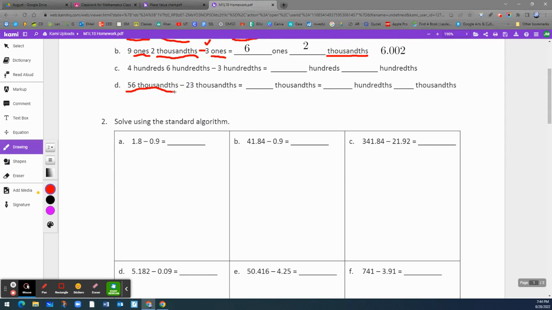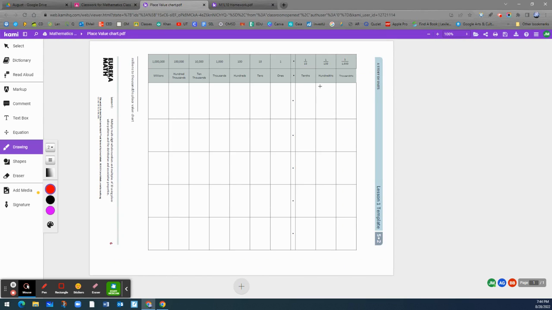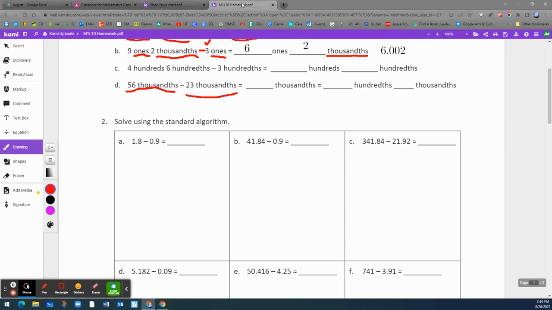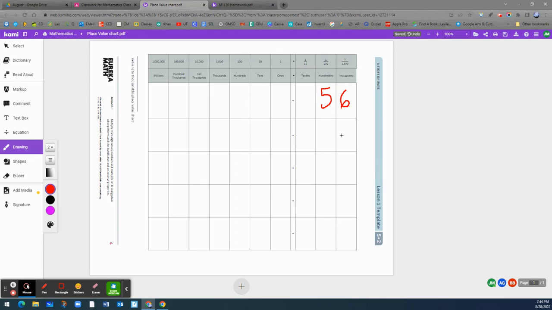So this one is 56 thousandths minus 23 thousandths. This I'm going to write on my place value chart. So 56 thousandths, so that's going to be 56, minus 23 thousandths.